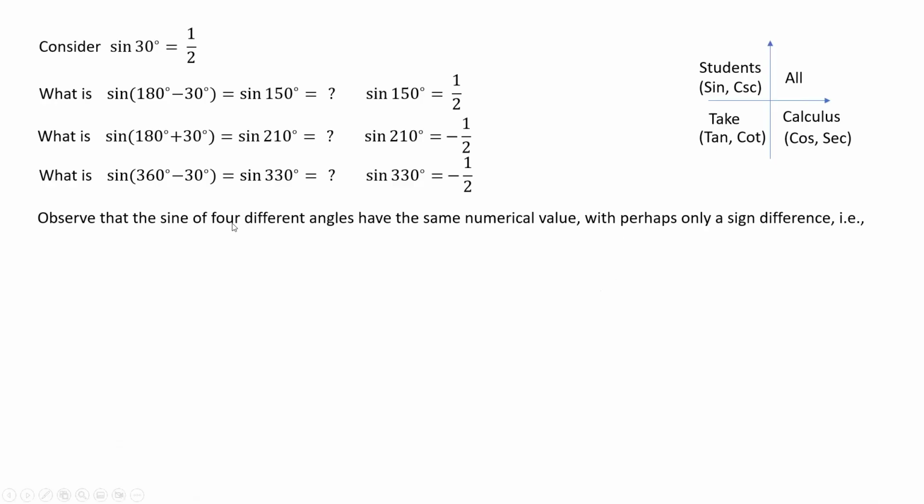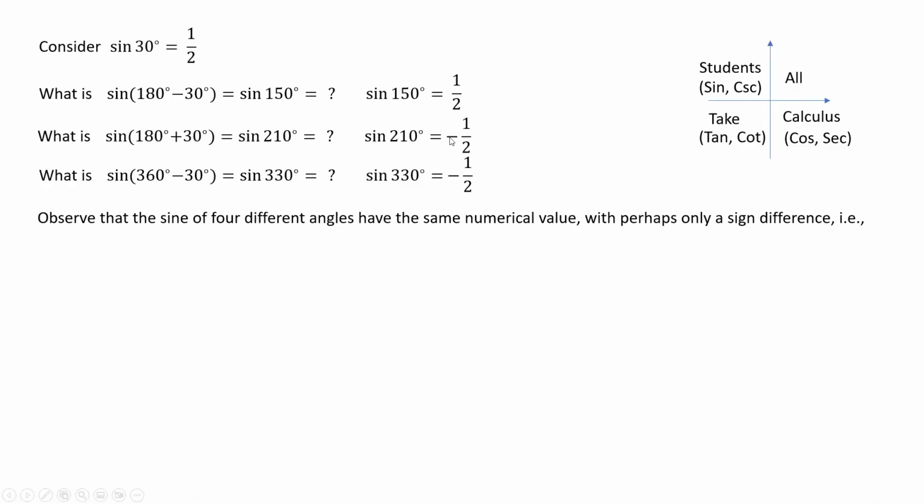Now, observe that the sine of four different angles have the same numerical value with perhaps only a sign difference. Would you agree with that? What is that? Observe that sine of four different angles, 30, 150, 210, 330, all four of them have the same value, 1/2, 1/2, 1/2, 1/2.